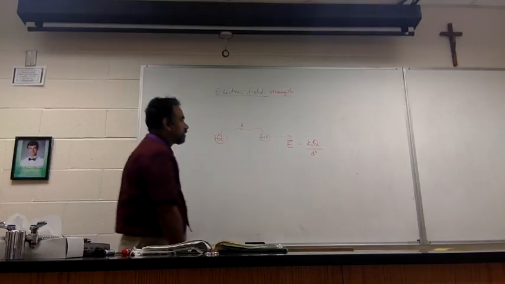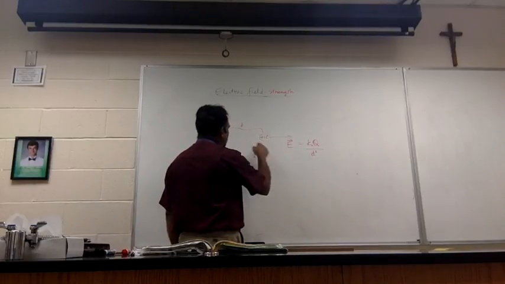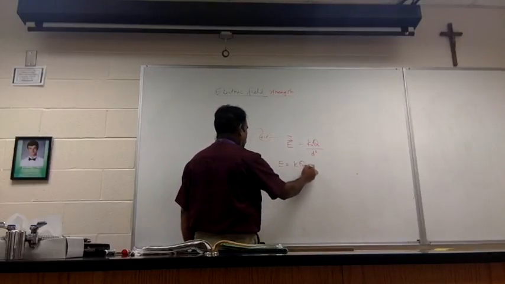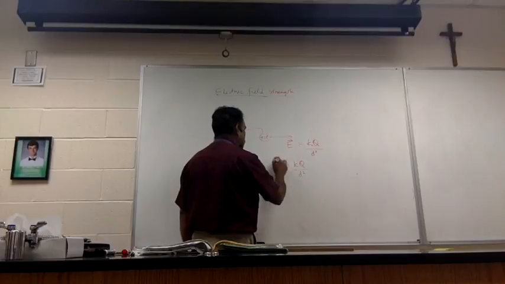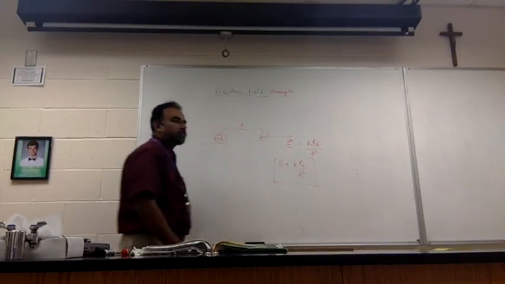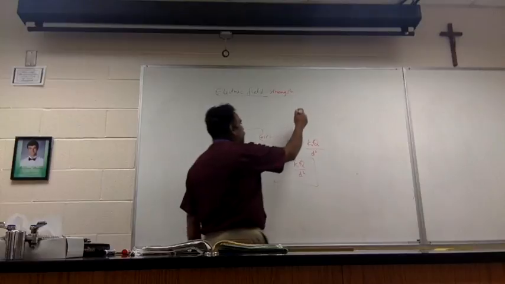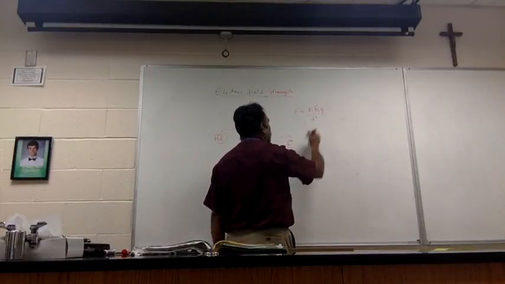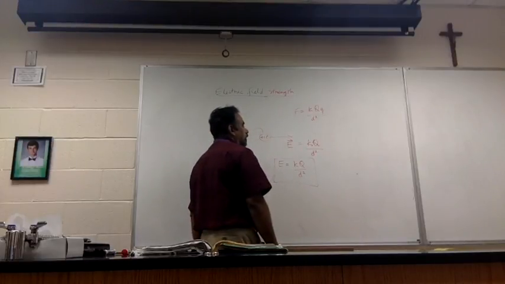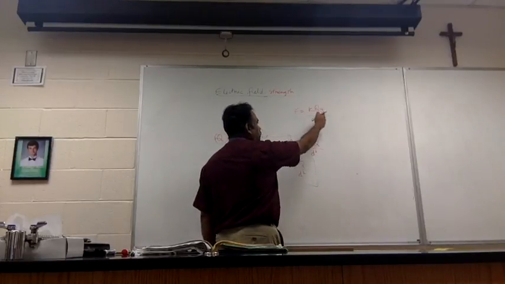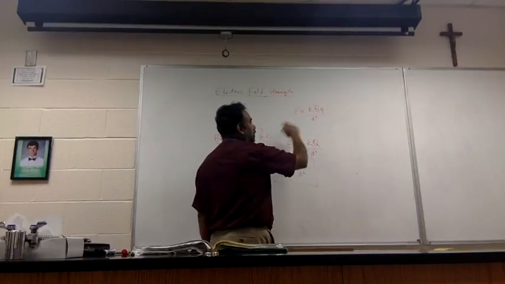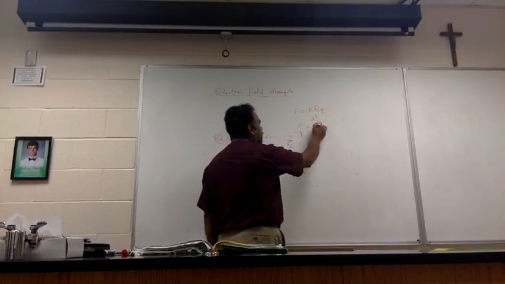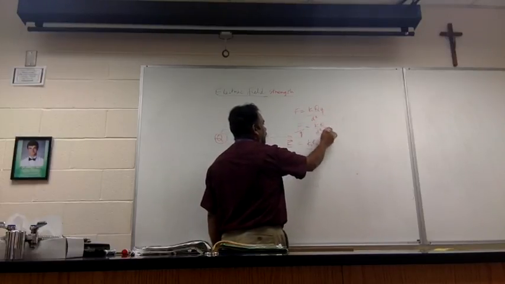So the electric field at any point in the presence of a bigger charge is E is equal to KQ over D squared. Compared to the previous equation, F is equal to KQq over D squared, you can see if I divide both sides by q, I'll have force over q is equal to KQ over D squared.